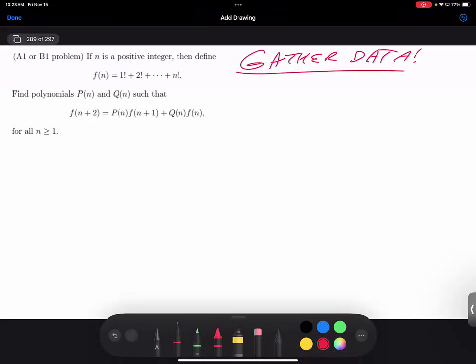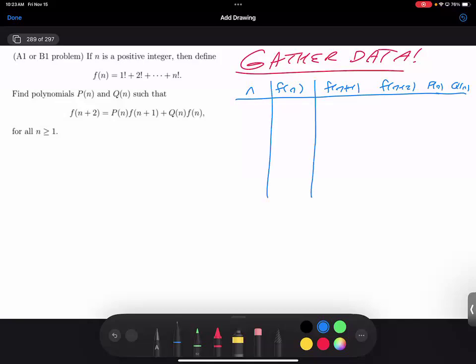Gather data. So what we should do is, here's n, here's f(n), I'll do f(n+1), f(n+2), p(n) and q(n). Now the problem is I don't know if we can figure out what p(n) and q(n) are.